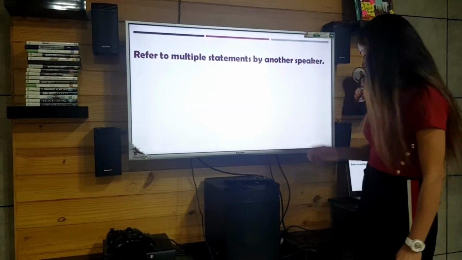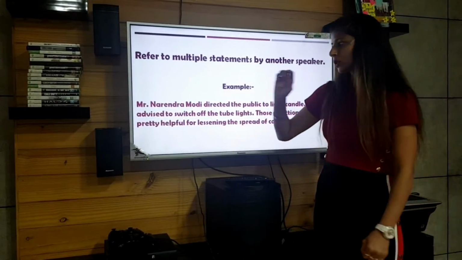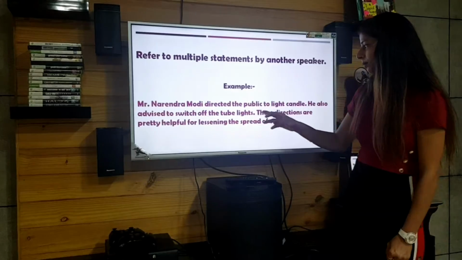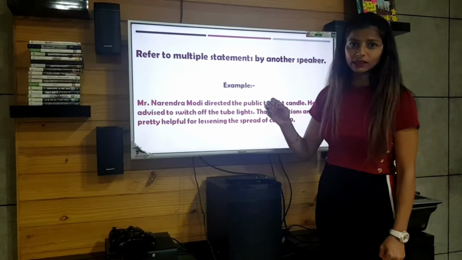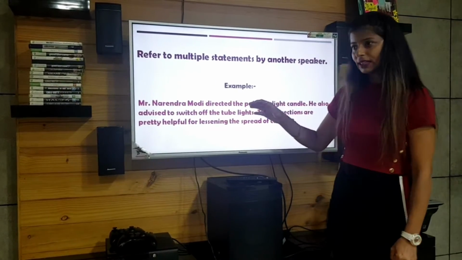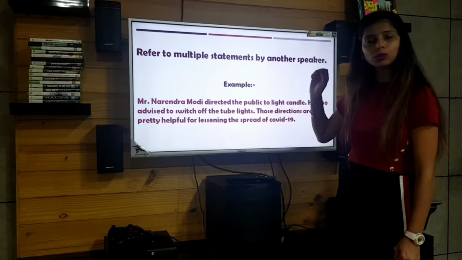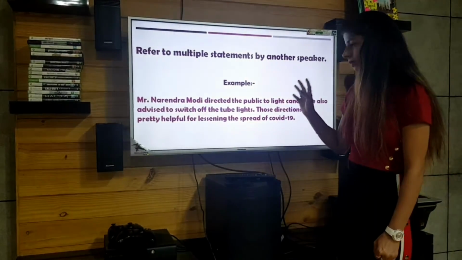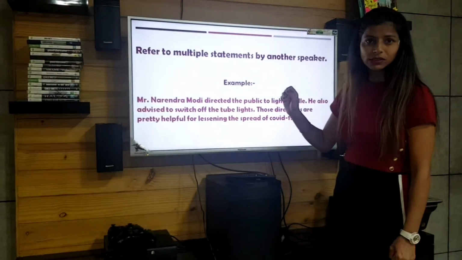I have taken up the example from that only. Mr. Narendra Modi directed the public to light candles, isn't it? He has directed the public to light the candles. He also advised to switch off the tube lights of home, isn't it? So these are more than one statement.